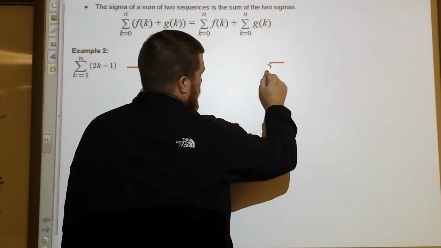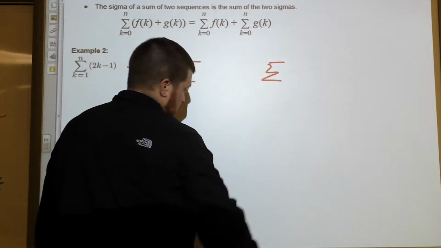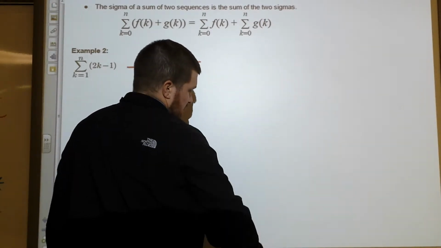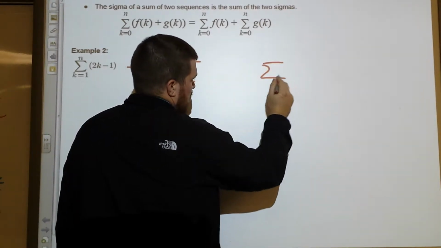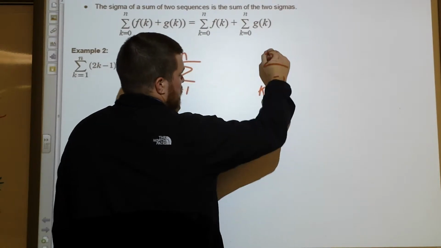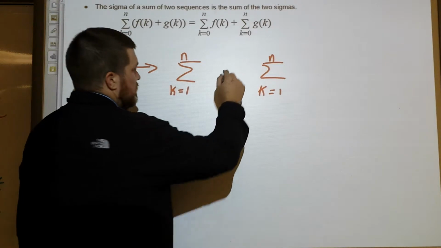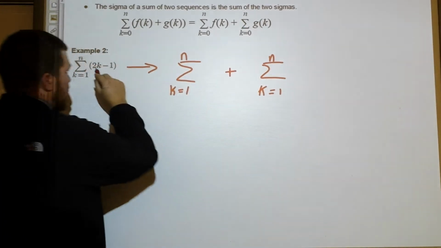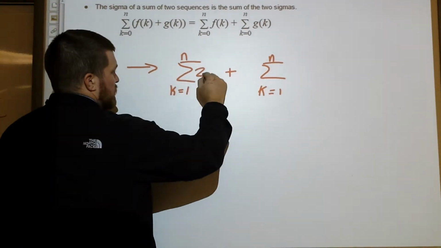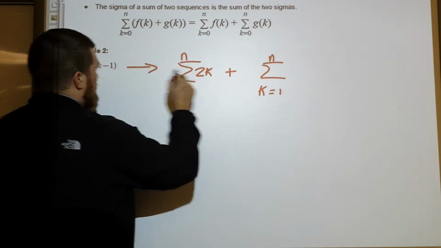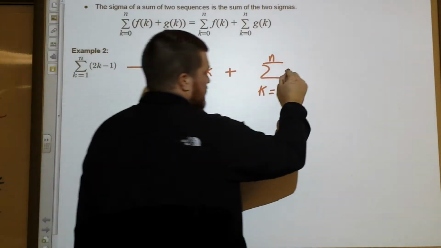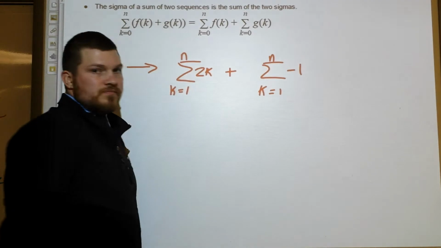And based on this rule that we just learned, that's an ugly looking sigma, let's try it again. I have 2 sigmas. Based on the rule, I have plus in the middle. And my first sequence goes with the first sigma. My second sequence goes with the second sigma.